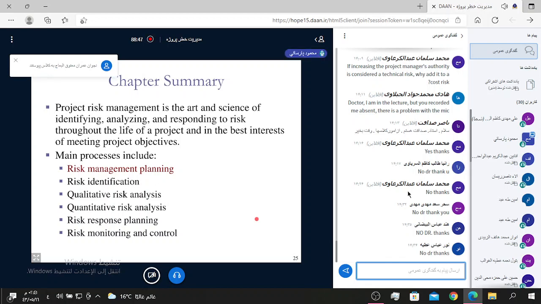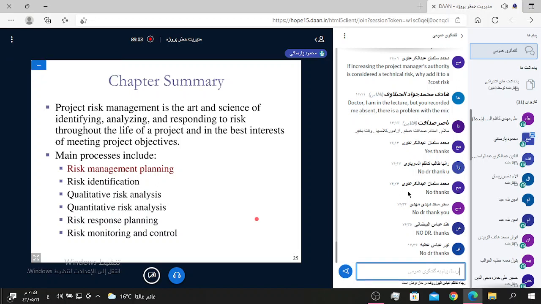Second step is risk identification. Third is qualitative risk analysis. Fourth is quantitative risk analysis. Fifth is risk response planning. And the last is risk monitoring and control. And we discussed that this process is cyclic and dynamic, not a linear process, we know.